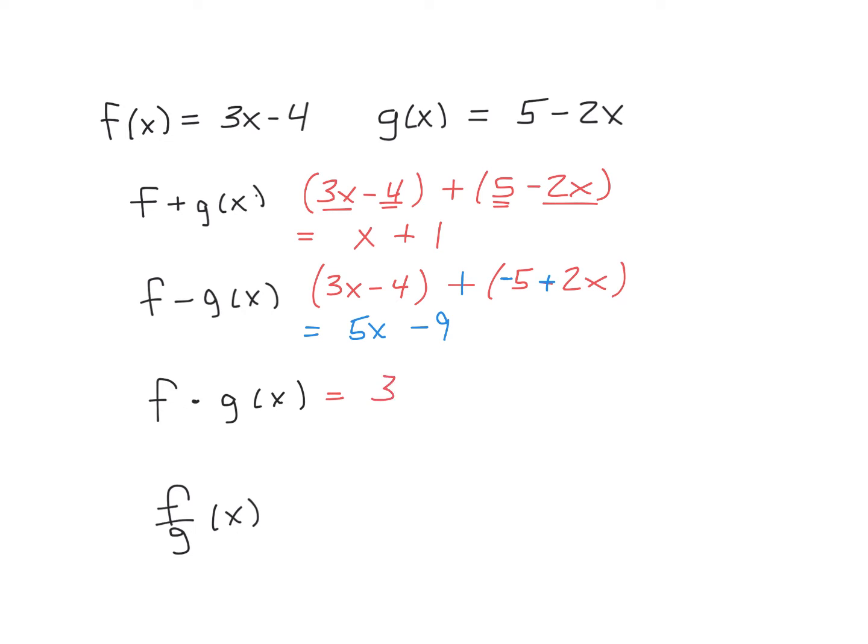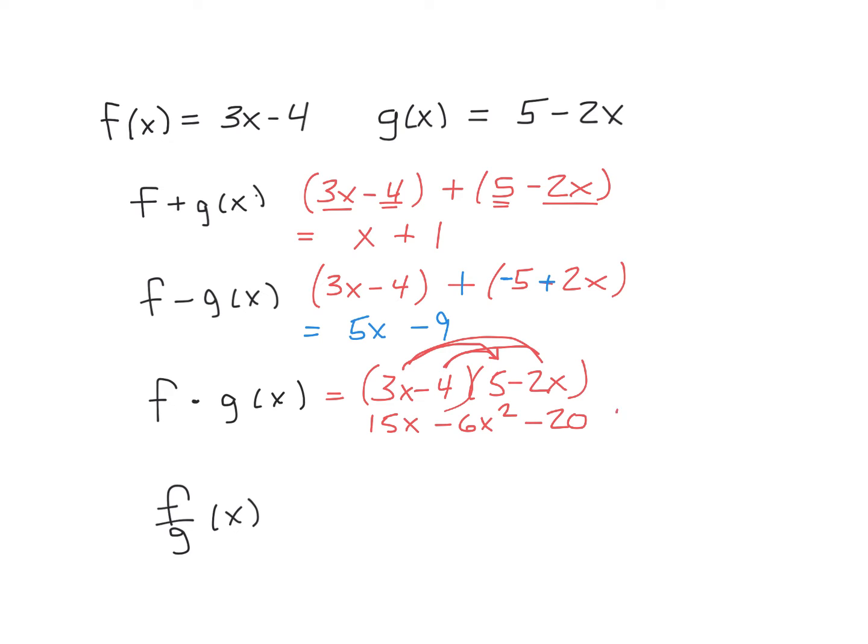Multiplication, we're going to take 3x minus 4 times 5 minus 2x. Here we've got two binomials, so we can FOIL this. So I'd have 15x. Outside terms would be a negative 6x squared. Inside terms would be a negative 20.